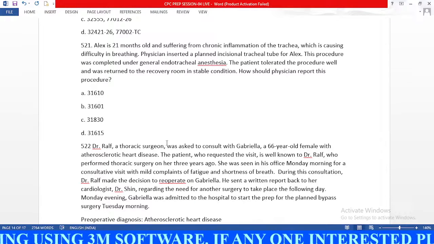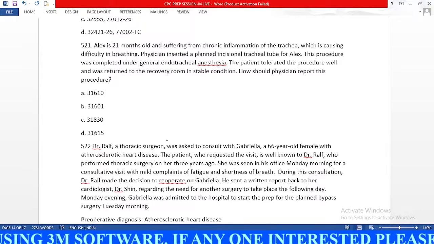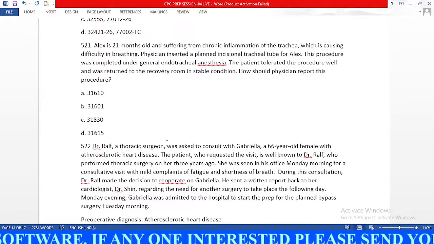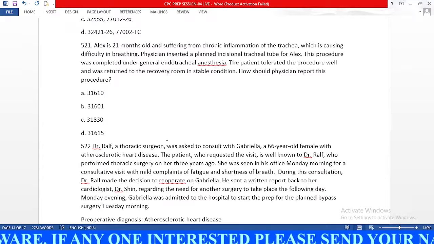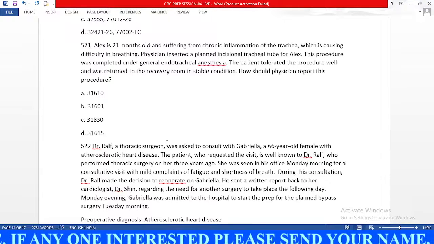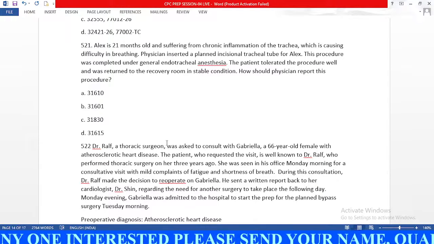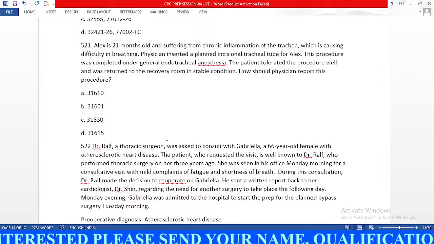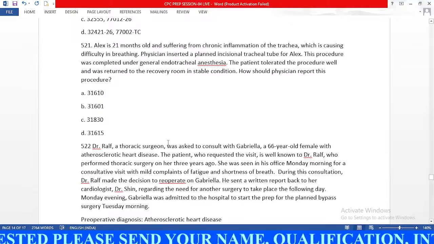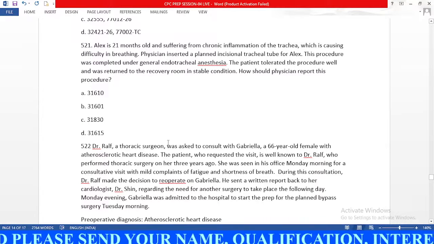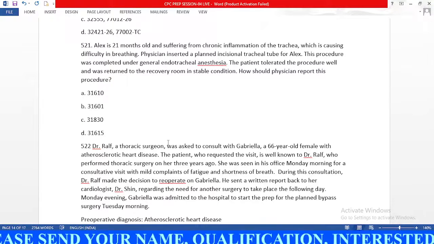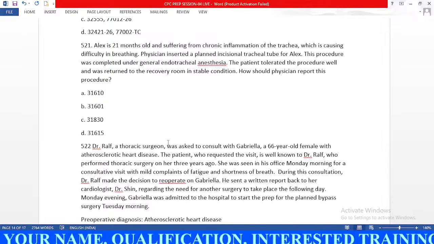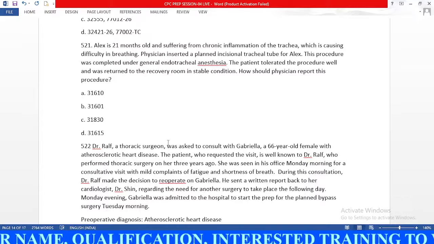Please write in the chat box in order to get confident, or you will get the confidence that I am doing good. If you are writing CPC, it is very good for you. If you are learning surgery coding, it is very good for you. So all of you write the answer in the chat box. Just write A, B or C, whatever you think is correct.